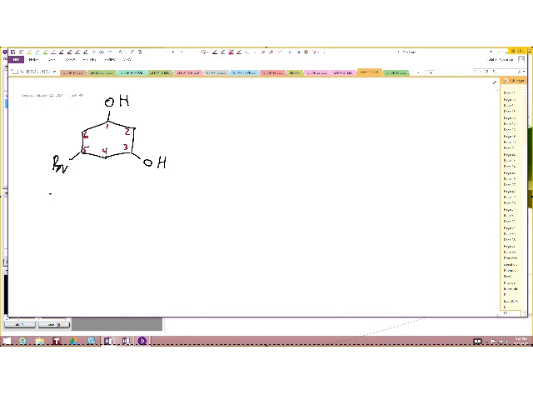So now in this case, we have the bromine in position number 5. So what are we going to call this? 5-bromo, 1,3, very good, 1,3 cyclohexane, exactly.